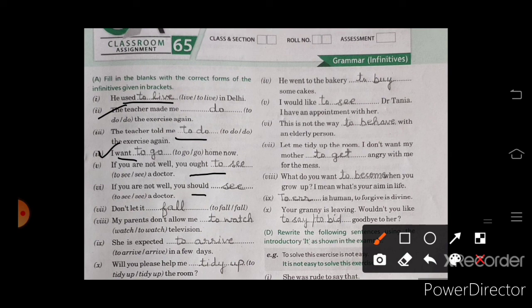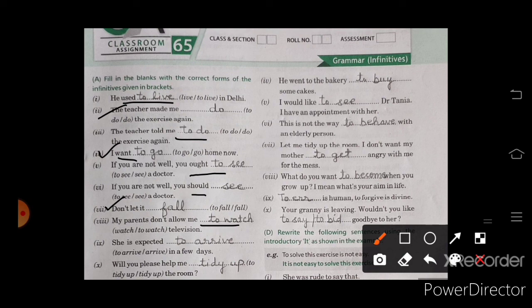Next, seventh sentence, don't let it fall. After the auxiliaries do, does and did, we always use infinitive without to. Next sentence, my parents don't allow me to watch television. If we want to restrict some person from doing something, then we always use infinitive with to.